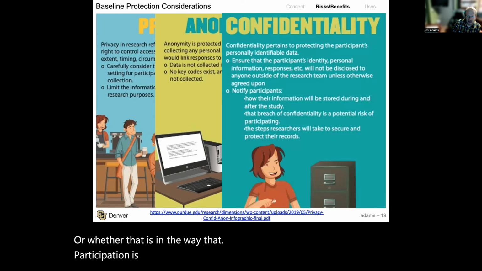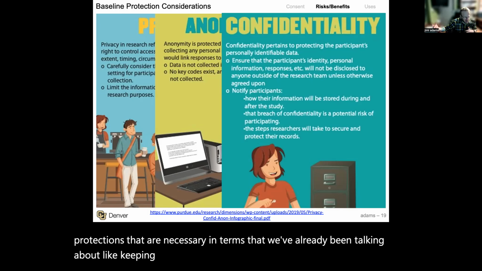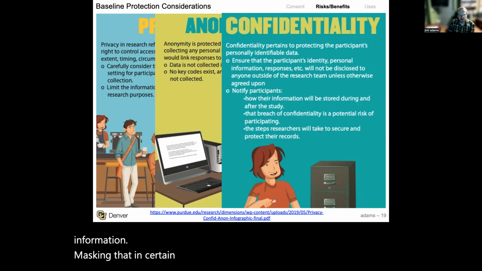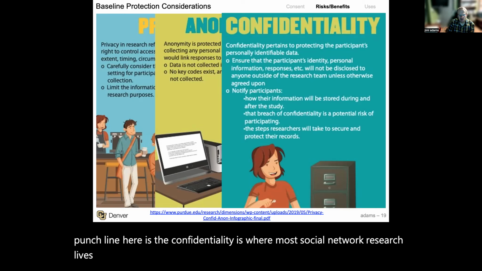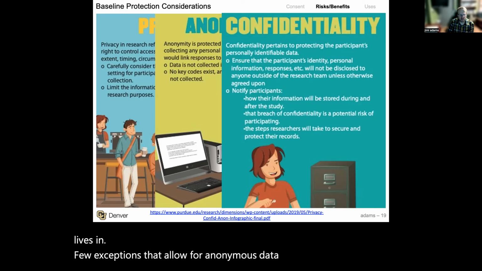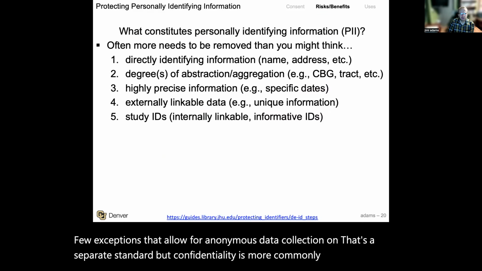And so confidentiality has a variety of protections that are necessary, in terms that we've already been talking about, like keeping identifying information separate from non-identifying information, masking that in certain ways, and so forth. So the punchline here is that confidentiality is where most social network research lives, with a few exceptions that allow for anonymous data collection. That's a separate standard, but confidentiality is more commonly the standard applied.